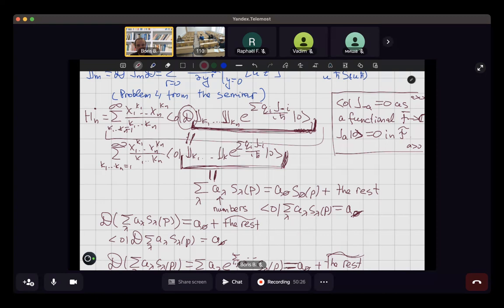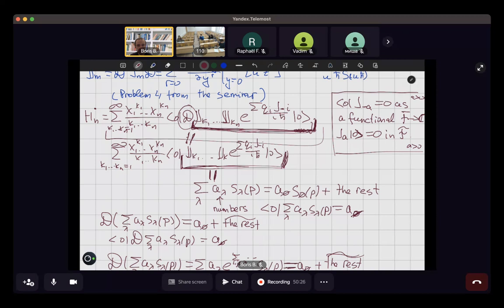So this is, as you see, a product of n multipliers. It should appear when we take this and commute it with these plus guys.